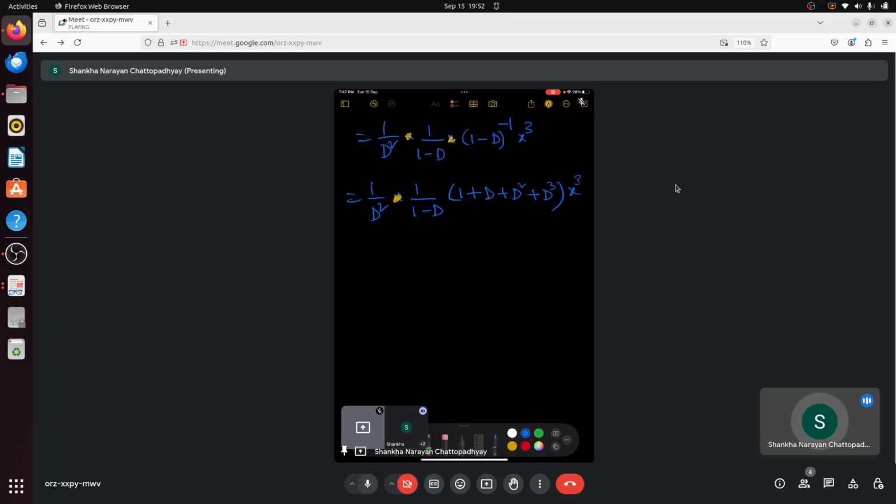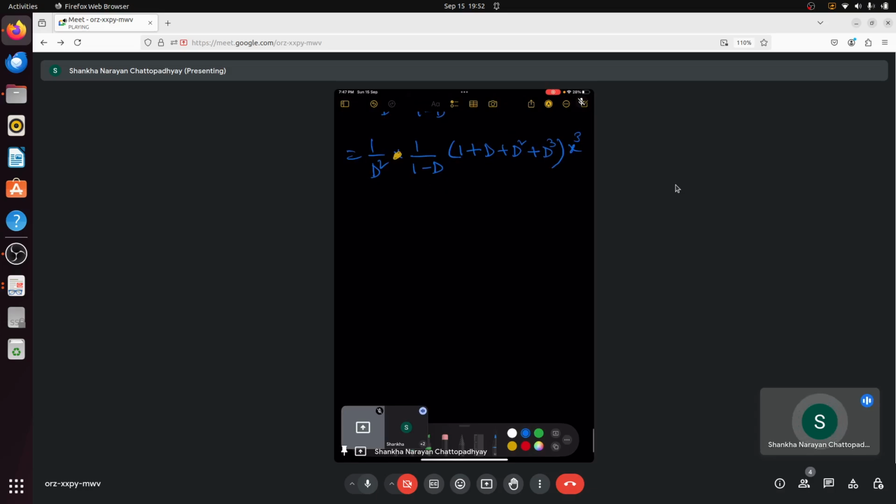Why? Because you are operating on x cube. If you take d4, you will simply get 0, and addition of 0 will give you nothing. Is it clear?